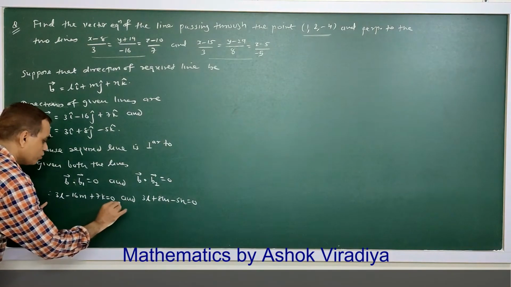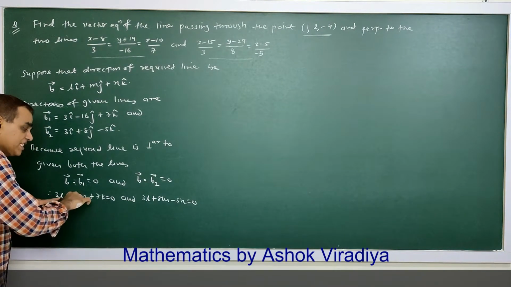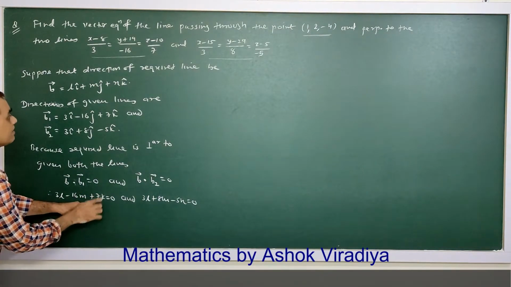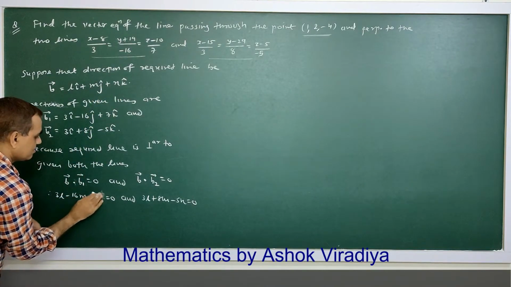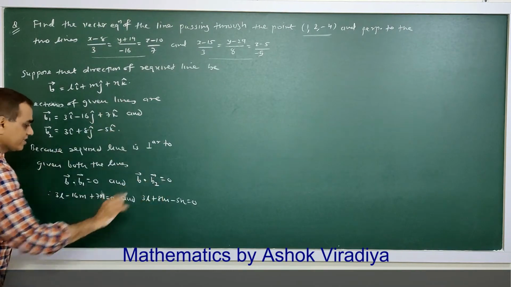So we have these two equations in terms of L, m and n. Sorry, here I should keep n, 7n, here minus 5n, it's okay.